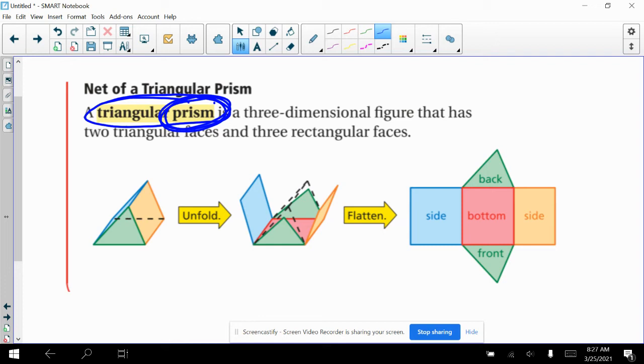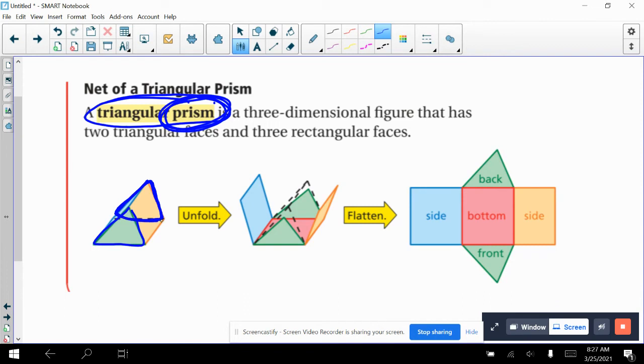It's a 3D figure. That is correct. But what makes it a prism is that it has... See, I don't think any of you wrote it down. The sides that are parallel to one another. I want to write that down since we don't have it.